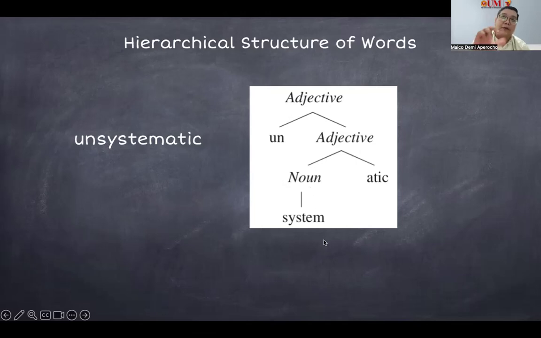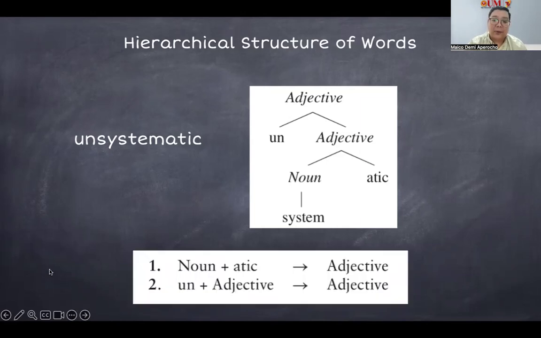If you notice, the way we parse the word depends on the intended meaning. For example, if I'm saying unsystematic, I'm emphasizing more on the word system. So we remove the affixes or the prefixes first before we can reach the noun, or the ultimate word, or the base of the structure. So we could have two meanings for this one.